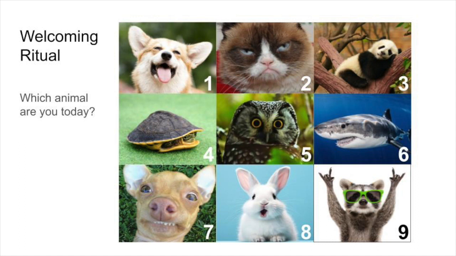Garrett, how about you? Oh, a 2. Yeah, I feel you there. Amy, how are you feeling? A 3? Awesome. I'd love to be a baby panda. Kaylee, how are you? A 9. Yeah, rock on.